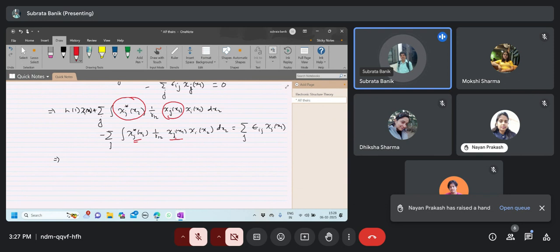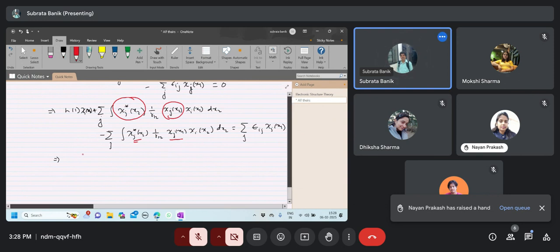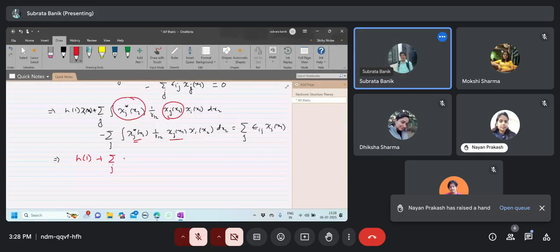Okay, so this whole thing can be written as H of 1 plus sum over J, of J of J minus K of J. Then I'll write chi I of x1. I'm writing this in red color for a reason.